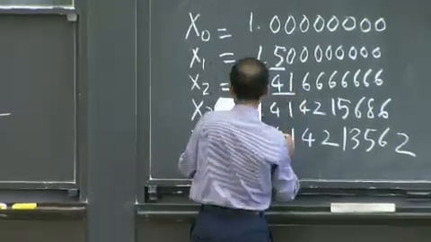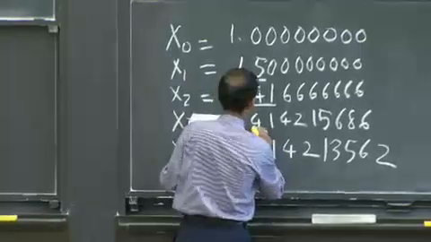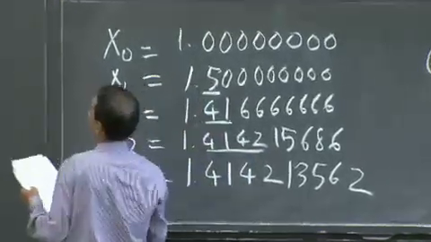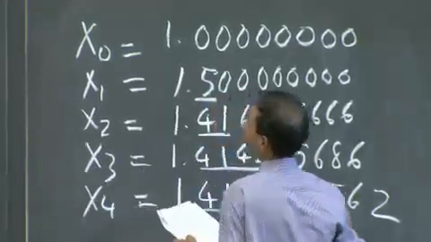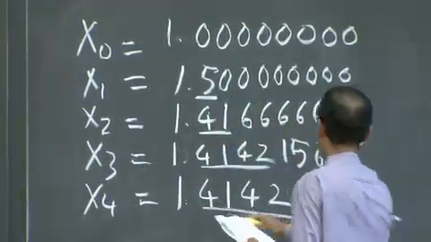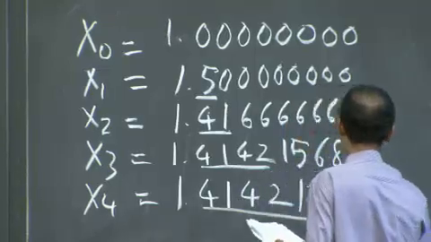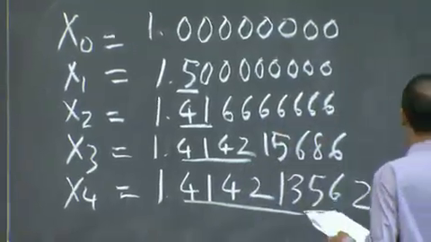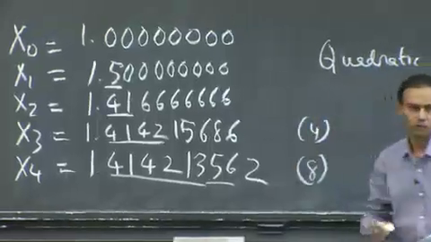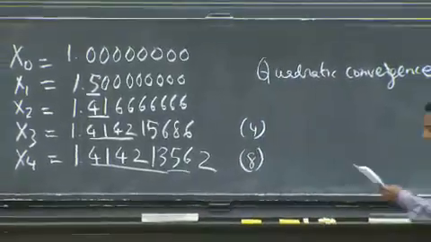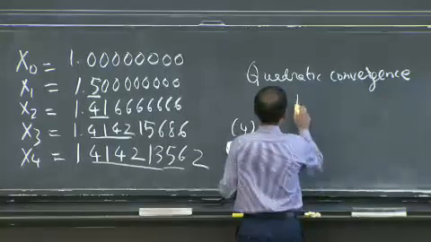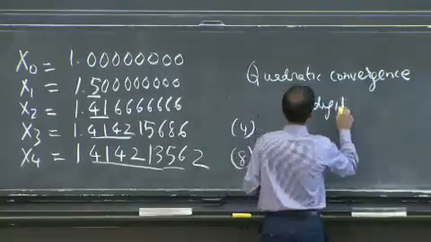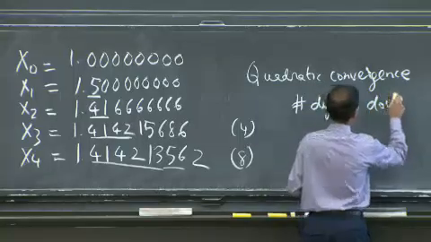And then now you're talking about 4142 13 56. So that's 1, 2, 3, 4, 5, 6, 7, 8. So that's 8 digits of precision here, 4 here, and so on and so forth. Okay, so that's nice. That's why Newton's method is actually used in practice, because the number of digits doubles.